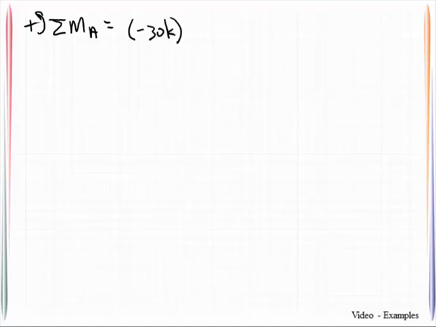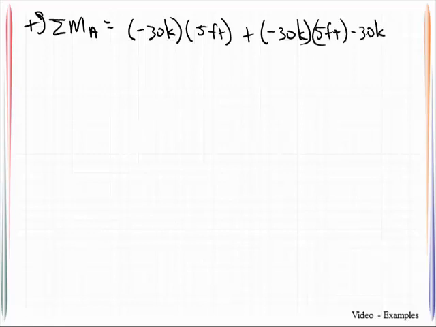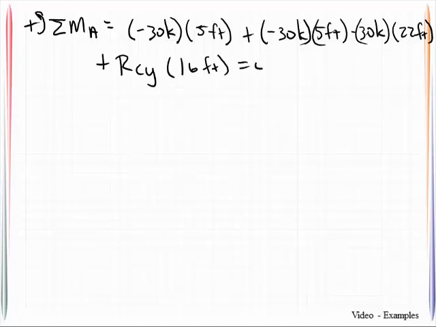So I'll deal with the point load first, 30 kips by 5 feet plus a negative 30 kips multiplied by 5 feet minus 30 kips multiplied by 22 feet. And all of that is going to be equal to 0 once we add in the reaction multiplied by its moment arm, which is 16 feet.